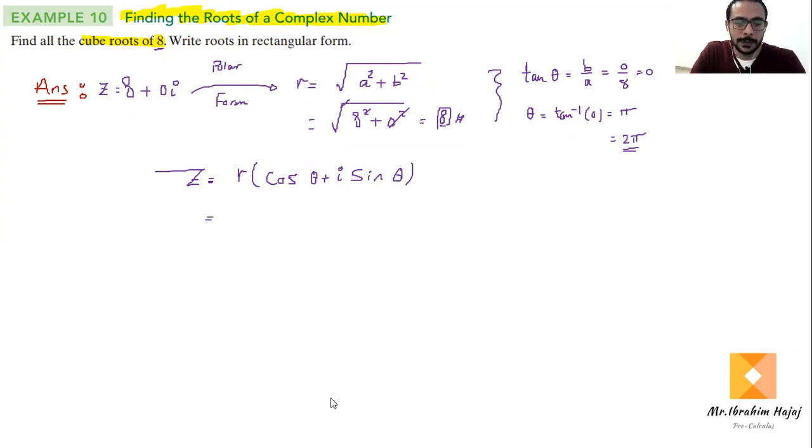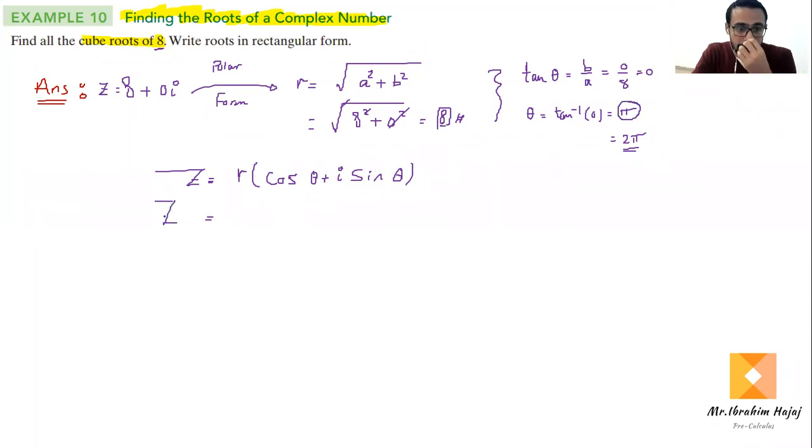Give me one minute, please. Okay. Continue. The angle is theta equals pi.